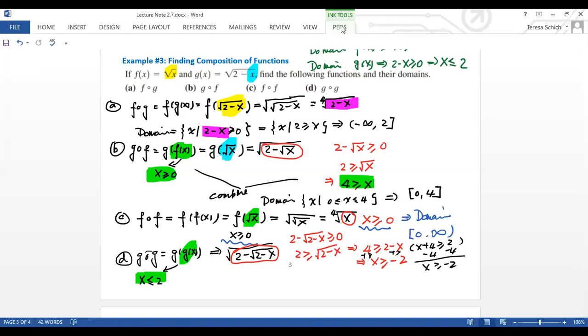So now this is your second domain here: x has to be greater than or equal to negative 2, and less than or equal to 2 from the first.